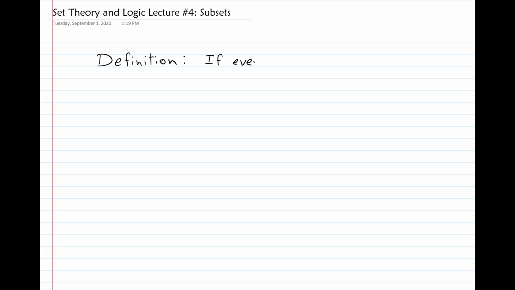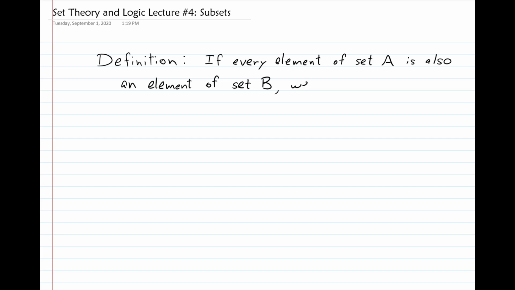If every element of set A is also an element of set B, we say A is a subset of B. Okay, and we write it like this: A, here's the symbol for subset, B. Okay?